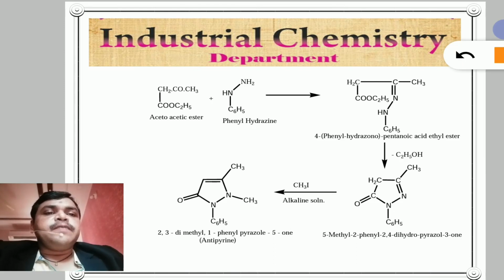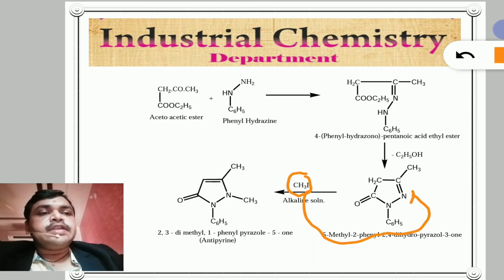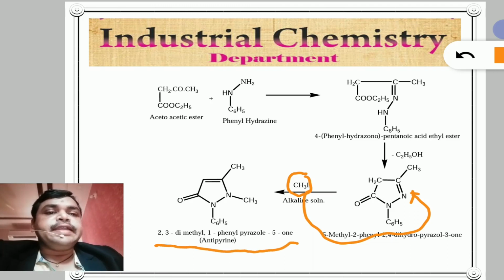This methyl CH3 from methyl iodide reacts with this nitrogen, and finally we get our last product, antipyrine.